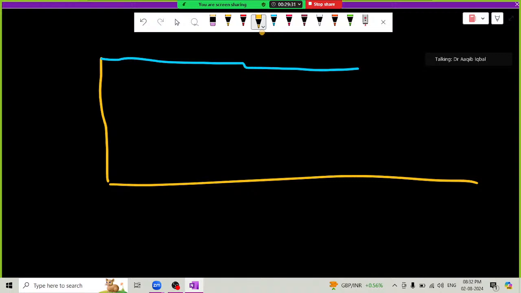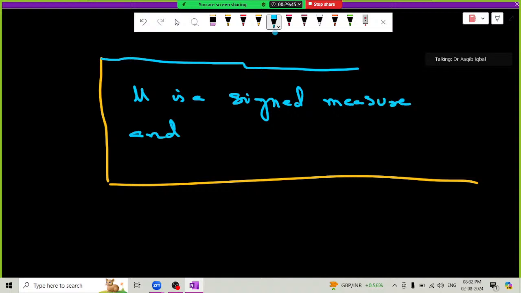You assume that mu is a signed measure and A is a positive set with respect to this signed measure mu.